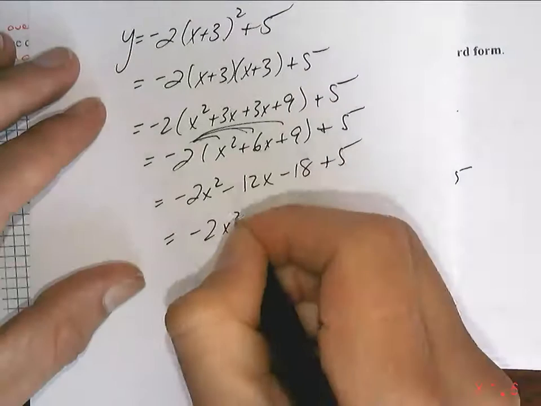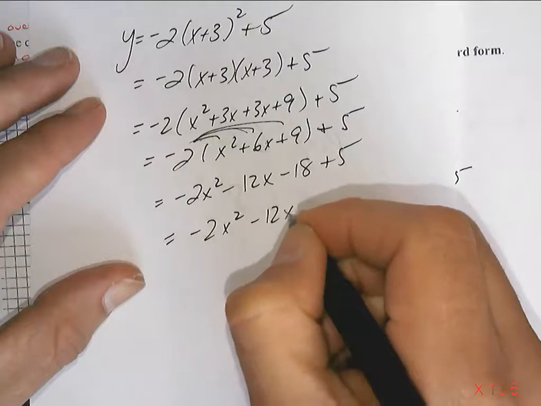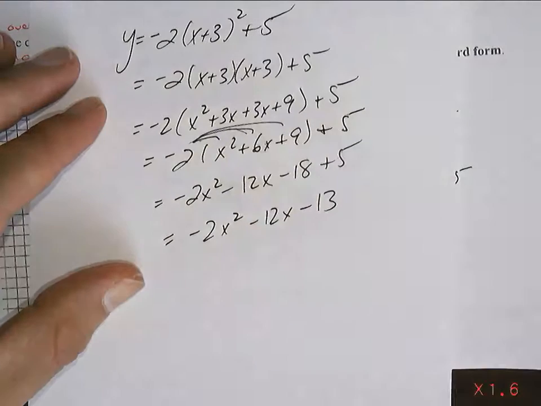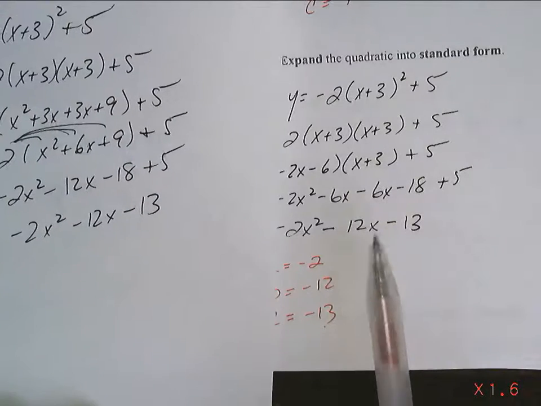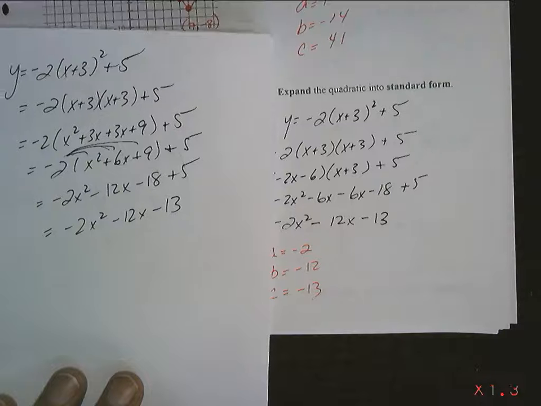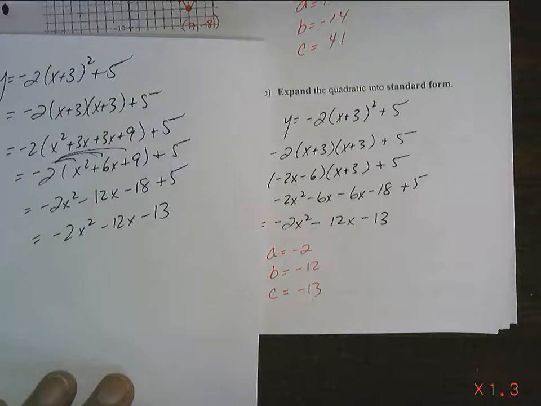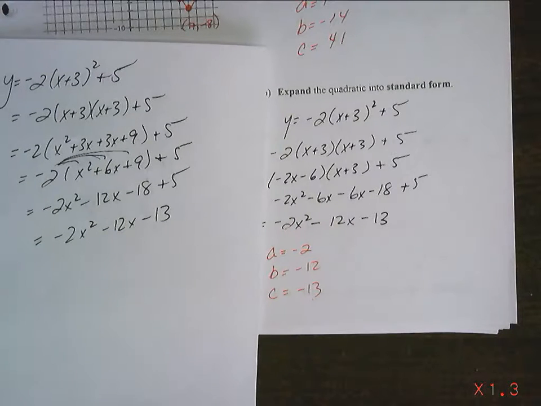Negative 2x squared minus 12x minus 13, which, lo and behold, is the same answer we got here. Doesn't matter which way you do it, both are grand. Do one way, do the other way, get it right.